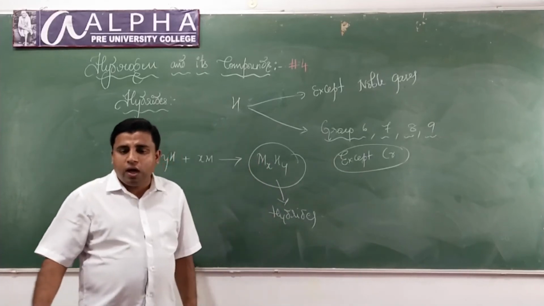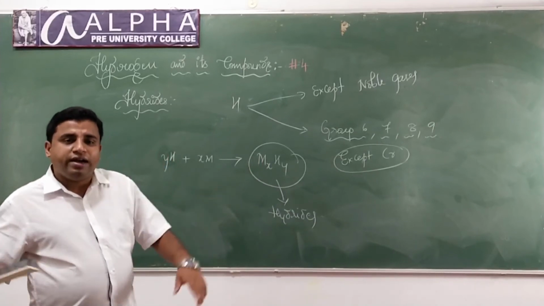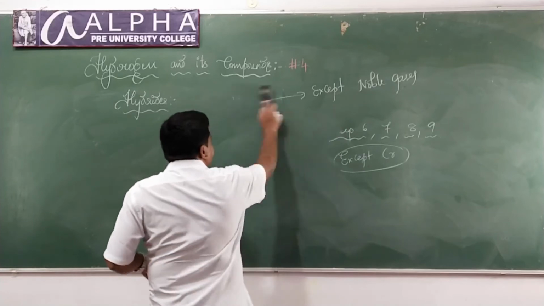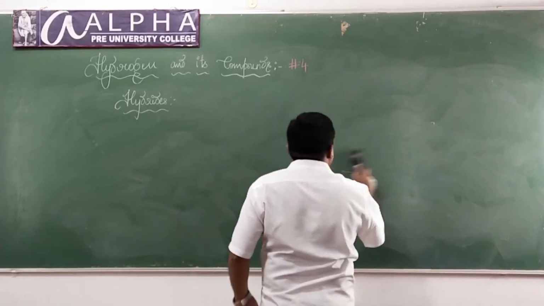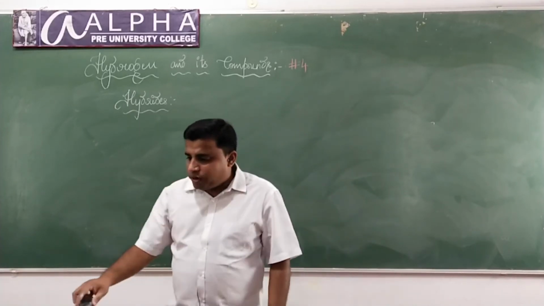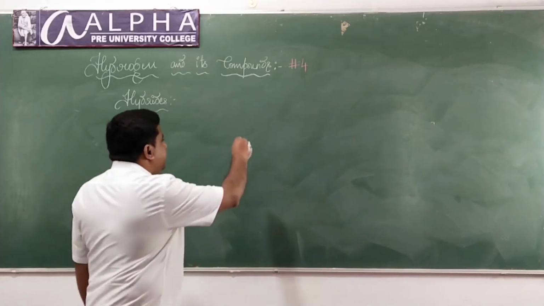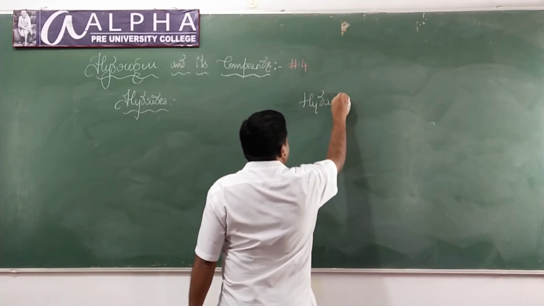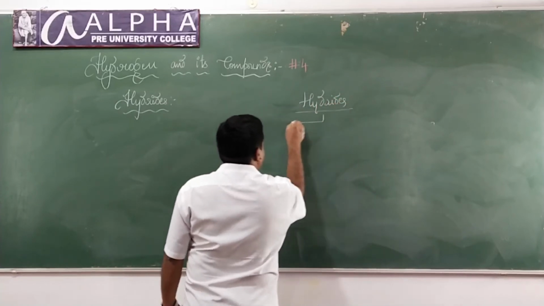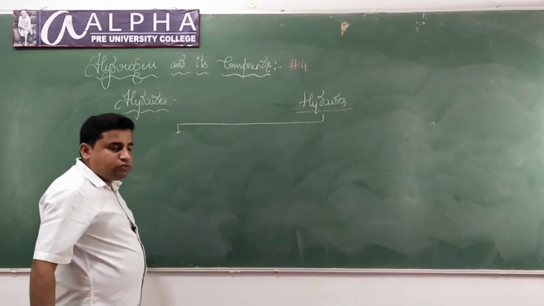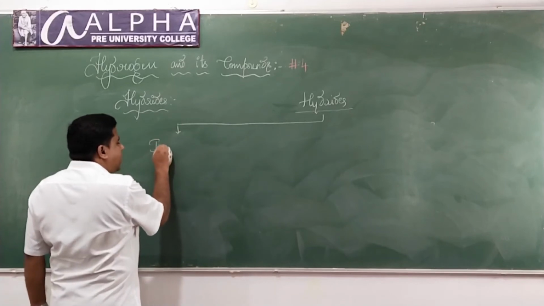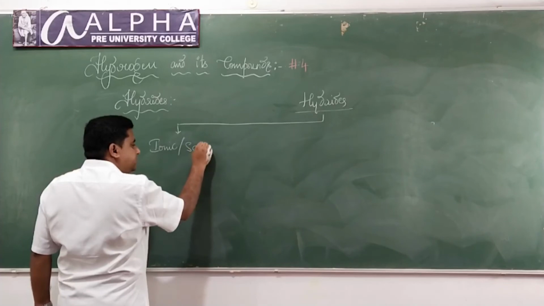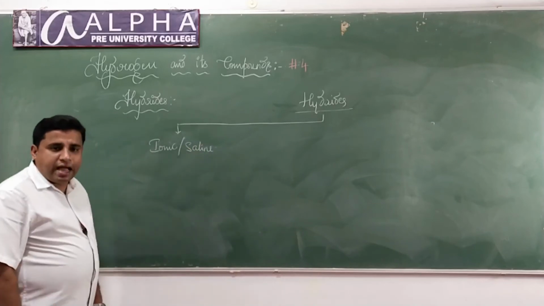Hydrides have been classified into 3 different types. What are the different types of hydrides? The first one is called ionic or saline hydrides.